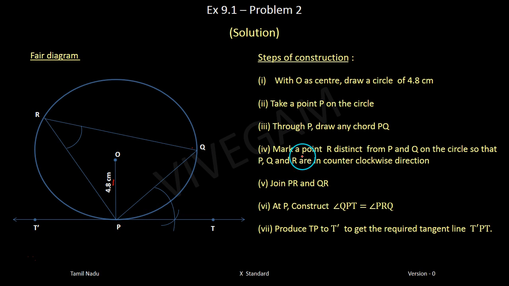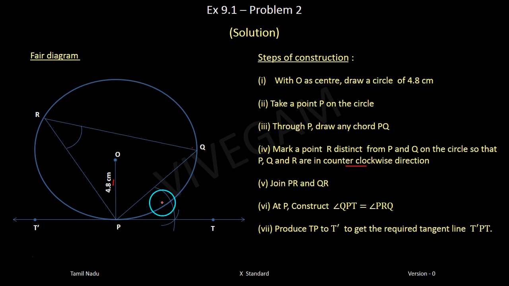Then mark a point R distinct from P and Q on the circle so that PQR are in the counterclockwise direction. The key is you should not mark it between P and Q in the smaller segment. You have to mark it in the alternate segment. That is why they say you have to mark it in such a way that PQR is counterclockwise.